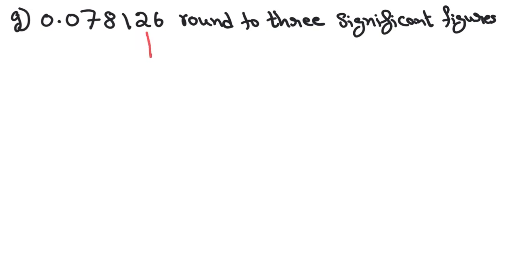You look at the fourth significant figure. What is it? It is 2, less than 5. So what do we do? Discard it. So your new number is 0.0781. This is how you round. 0.078126 when rounded to 3 significant figures is 0.0781. Get the idea? Move on.